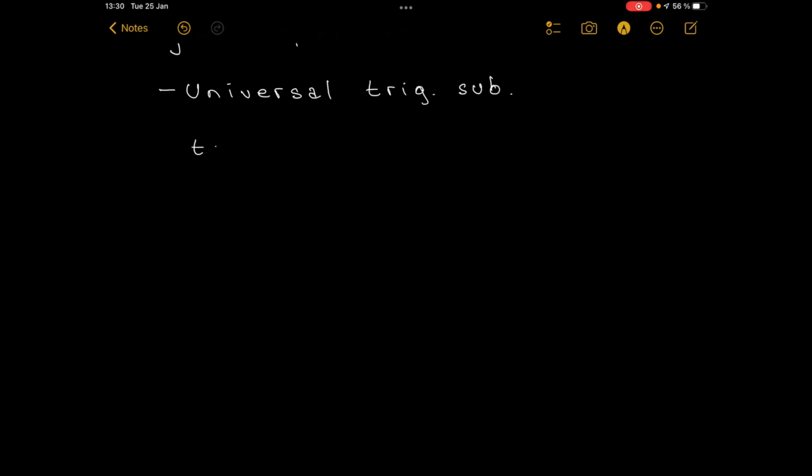It always has the form of t is equal to the tangent of x over 2. From here, it follows that x is equal to 2 times the inverse tangent of t.